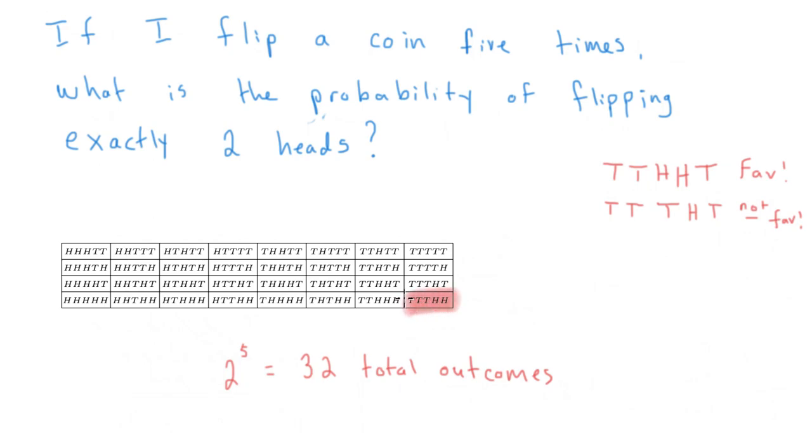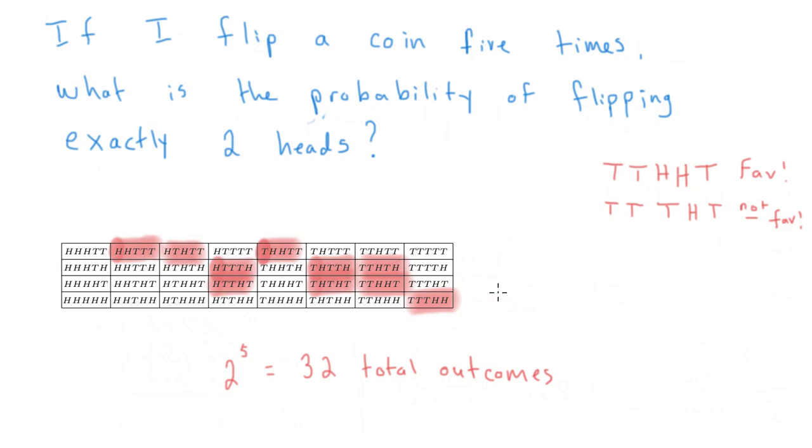There's 2 heads, 2 heads, 2 heads, 2 heads, 2 heads, 2 heads, 2 heads, 2 heads, 2 heads. I should be missing one. Here's what. There it is. Okay. Yeah, so I actually know that the answer should be 10.